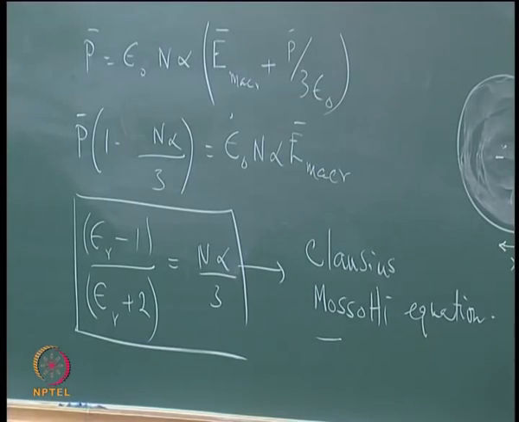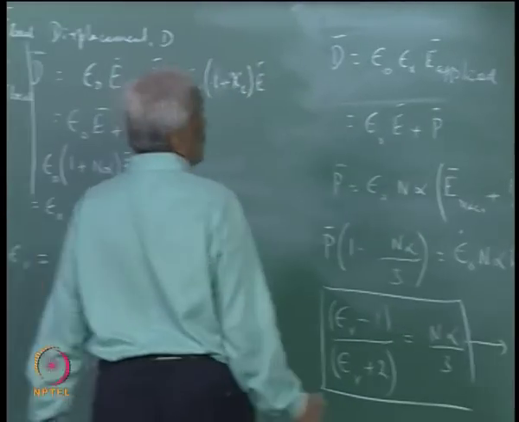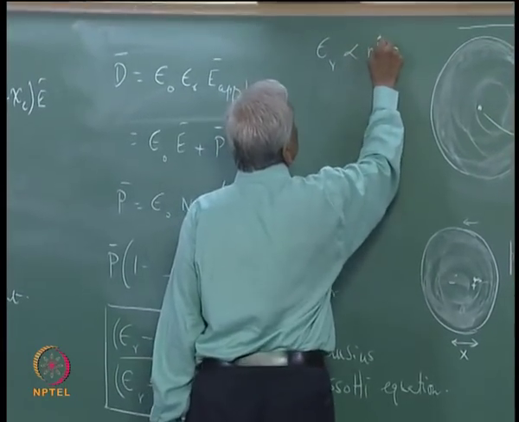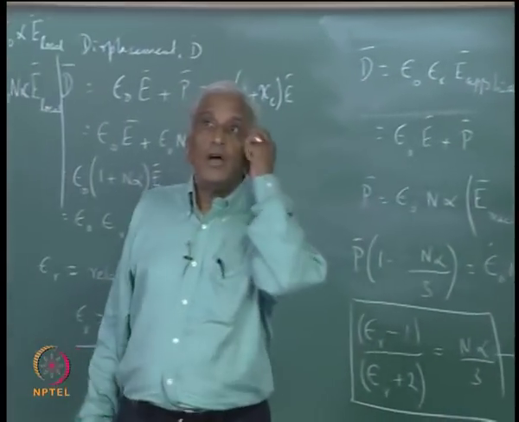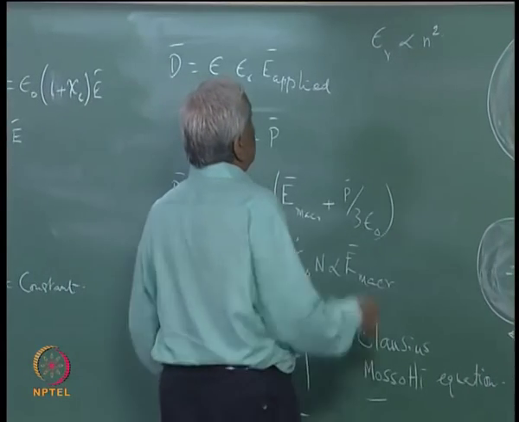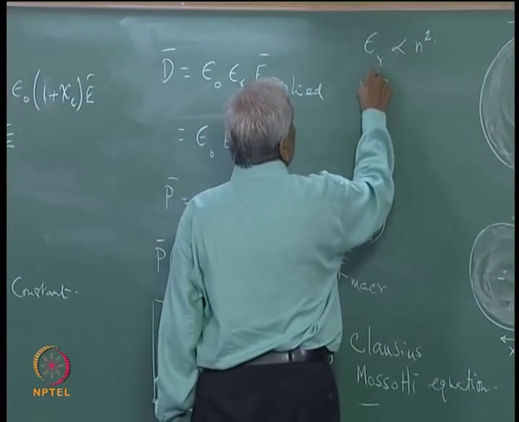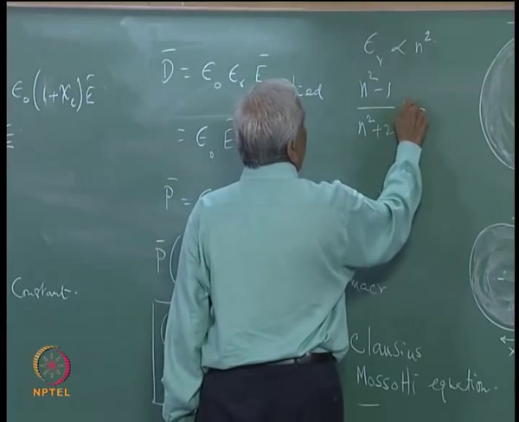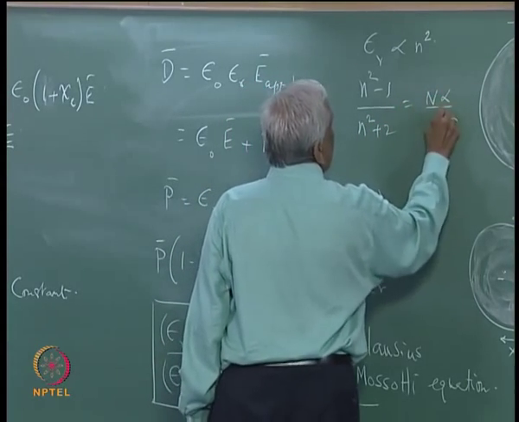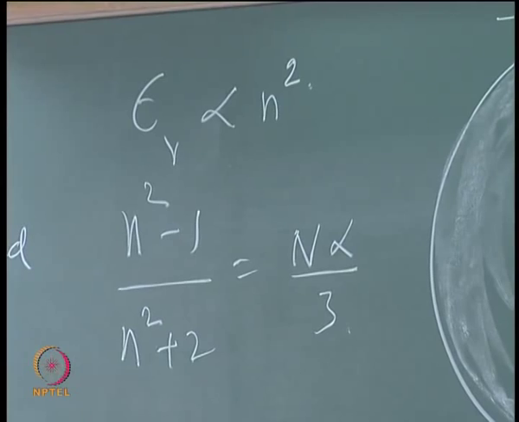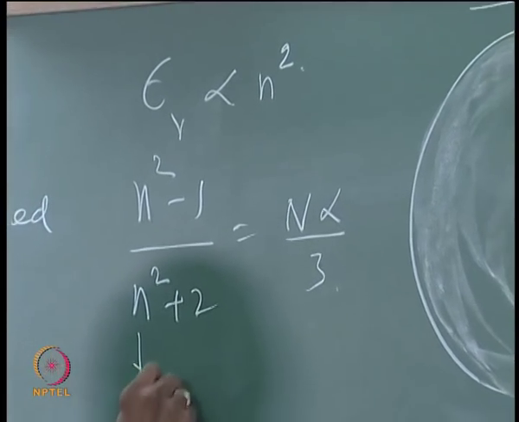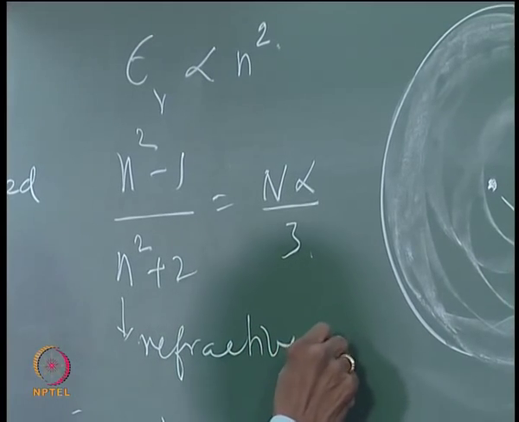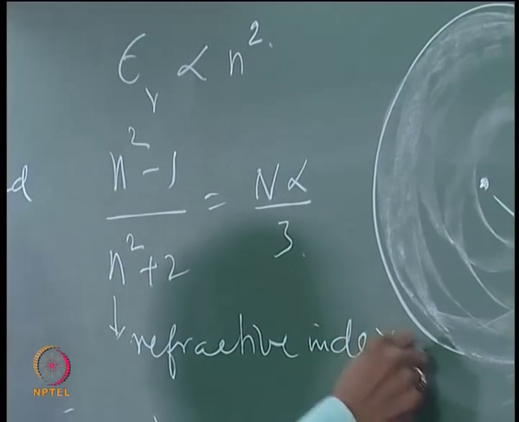And since the relative dielectric constant is proportional to the square of the refractive index, we can also write the Clausius-Mosotti relation in this form, where n is the refractive index, say at optical frequencies.